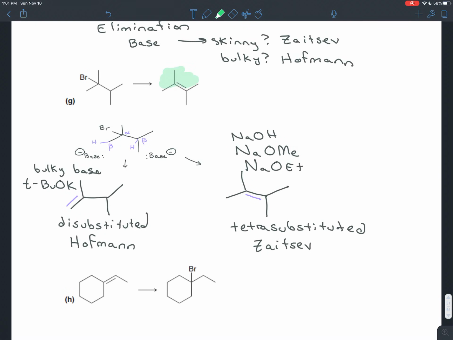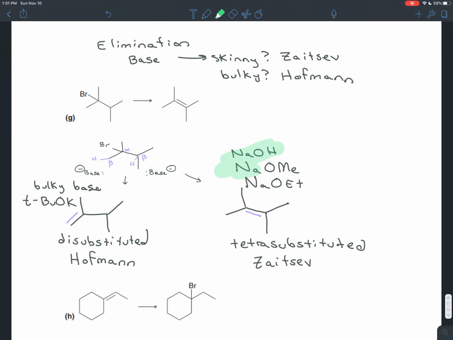Well, notice here what we want is the Zaitsev product. We want the more substituted alkene. And so the reagents that we need to use are any one of these skinny bases. So I'm just going to use sodium ethoxide. You could use sodium hydroxide, sodium methoxide, or sodium ethoxide. Any one would work. And that is the answer for this exercise.